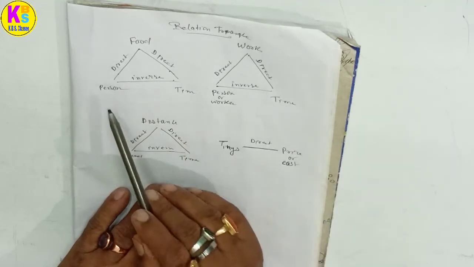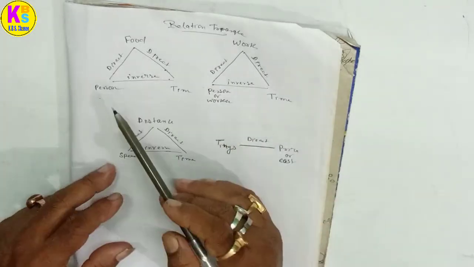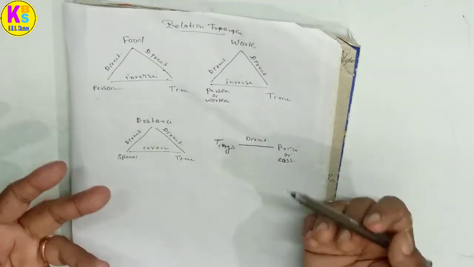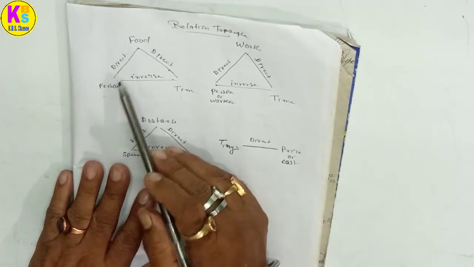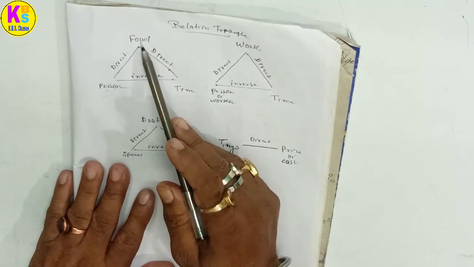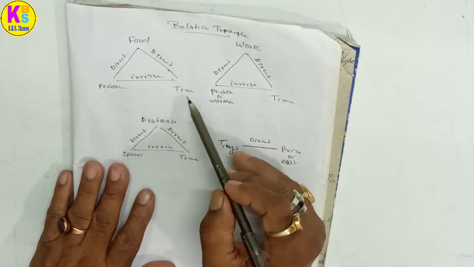Like food, person and time. Food, that means amount of food. Person, number of persons, and time, hours, days, it may be months. So if the persons are increasing, the food will also be required more. So here is the direct relation. And if the food is more, it will last for more time.